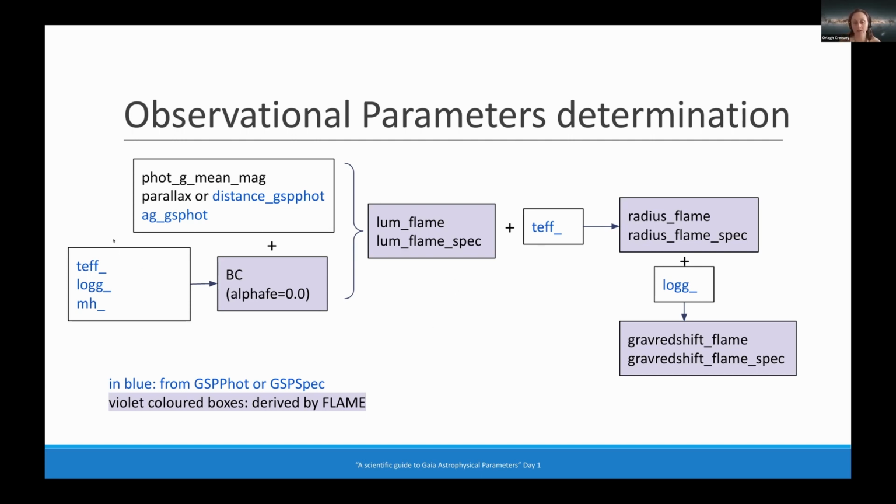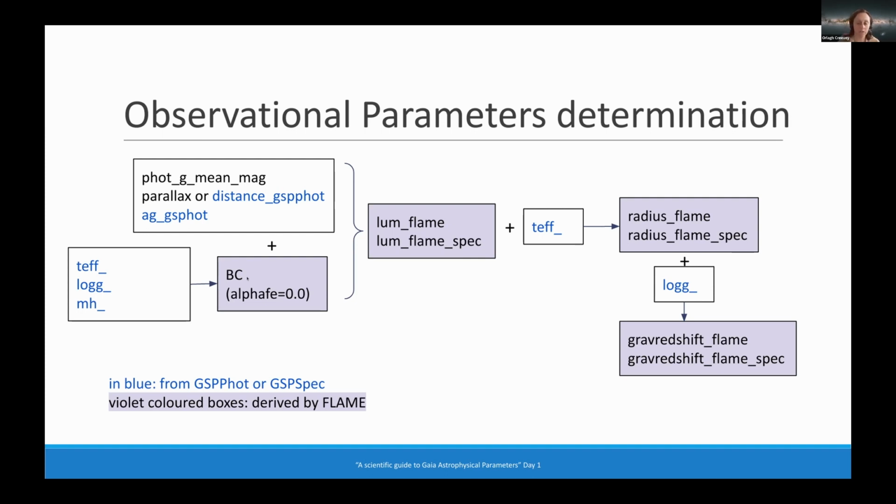Okay, so how this works. The blue are the parameters that come from GSP-Phot or GSP-Spec. These black ones here are ones that you all have access to as well: the photometric G mean magnitude and the parallax. First we need the atmospheric parameters: the temperature, log g, and metallicity. With these, we derive a bolometric correction. This is based on a grid of models.